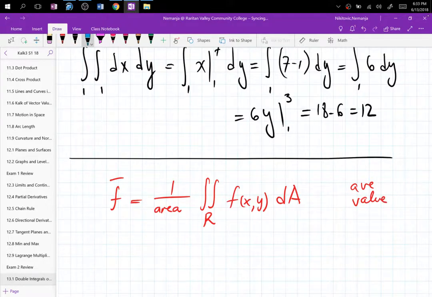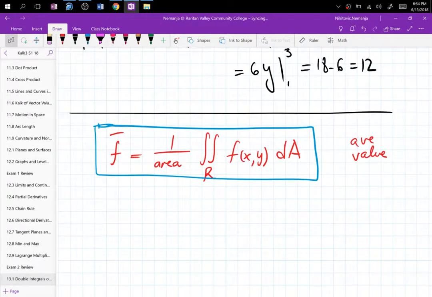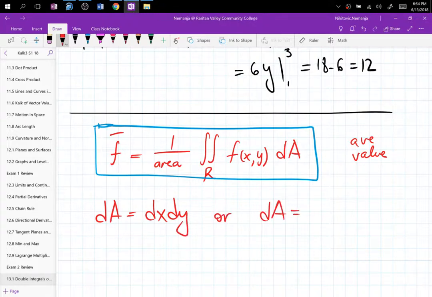And you know what? I think I still owe you a little bit of explanation on this dA, just in case. So let's write it down. dA is equal to dx dy, or dA is equal to dy dx. That's what it means to have dA.